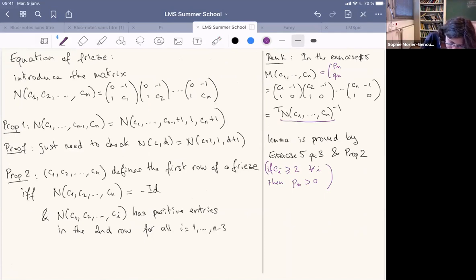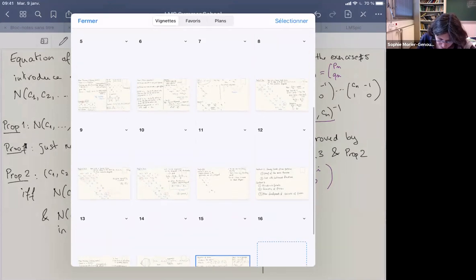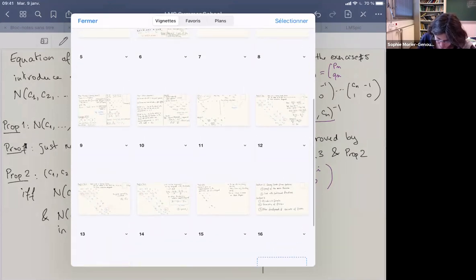Okay, so let us understand this. Where does this equation come from? It comes from the recurrence relation in the frieze. Maybe I go back in the notes. Where was this? It was here.